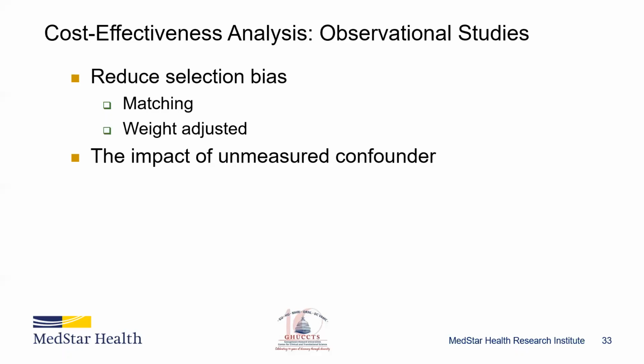The two ways of doing this that we talked about before were we can match based on the propensity score we calculate, or we can do a weighted adjustment like inverse probability weighting. And then we would need to do some sensitivity analysis of what would happen if there was a confounder that was unmeasured, that we didn't actually get in our data.